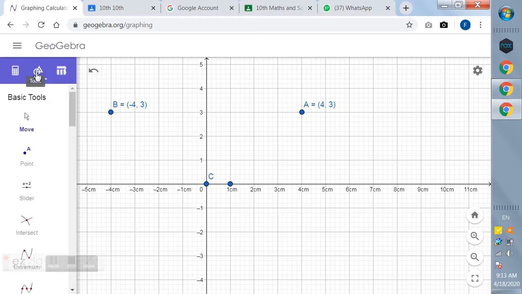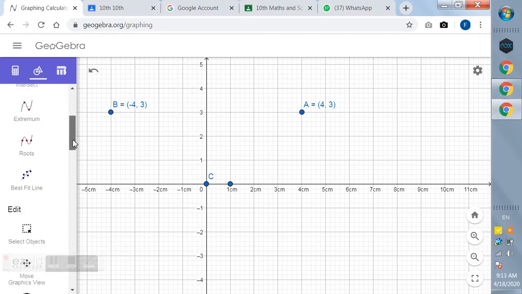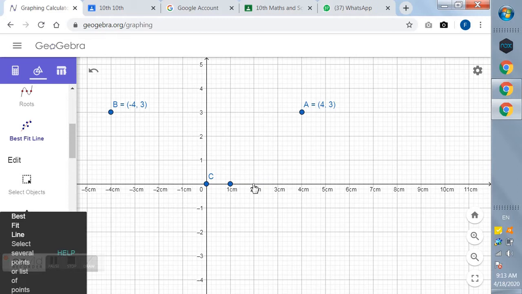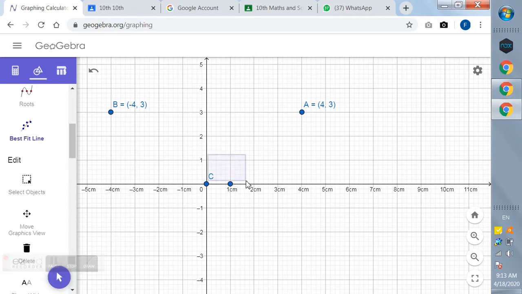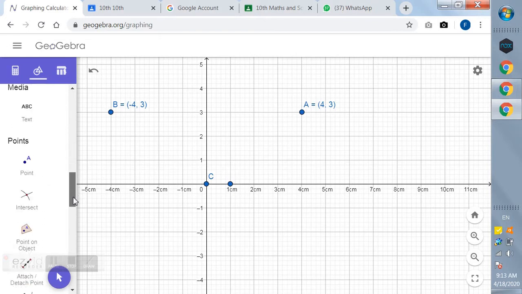Now this quadrant is called the first quadrant of the 2D plane, of the two-dimensional axis. Now we'll delete it, it doesn't serve any purpose.